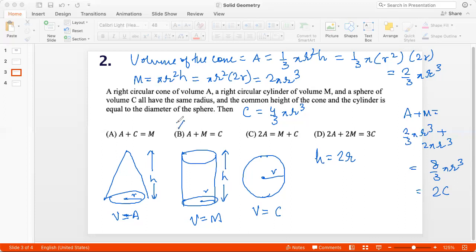So I can cancel out B. Okay, what about A plus C? A plus C is going to be 2 by 3 pi R cube plus 4 by 3 pi R cube, which is 6 by 3 or 2 pi R cube. And that is indeed equal to M. So A plus C is equal to M, which means my right answer is A.